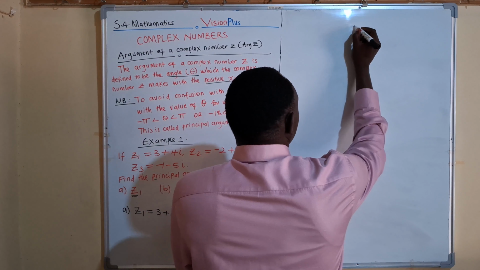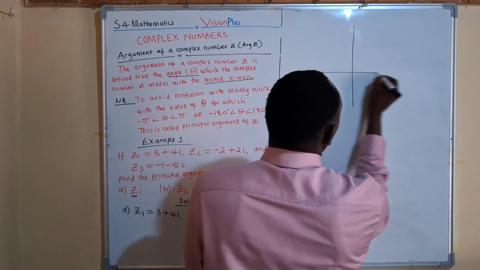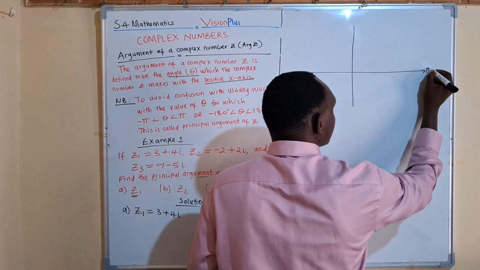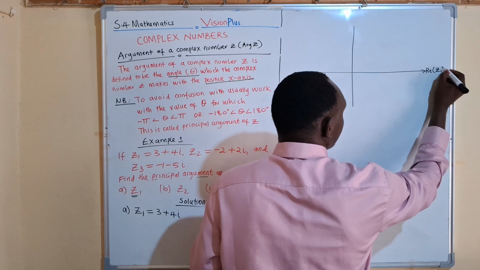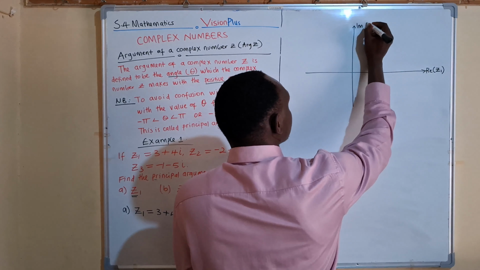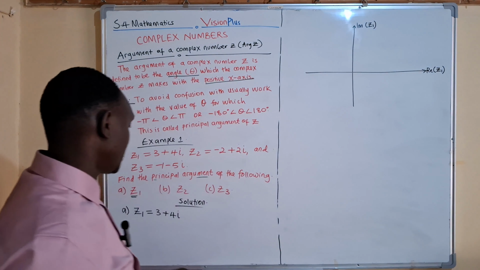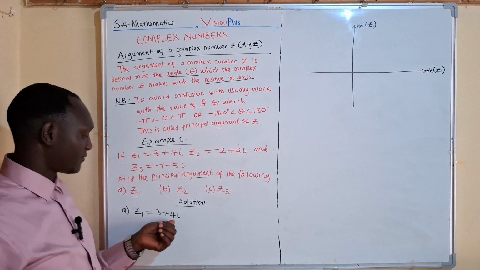So for part A, let me draw the Argand diagram. This is the real axis, which is the real part of the complex number z1, and this is the imaginary axis. Now, we need to represent 3 and 4.